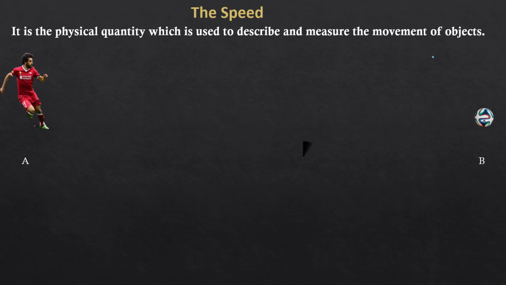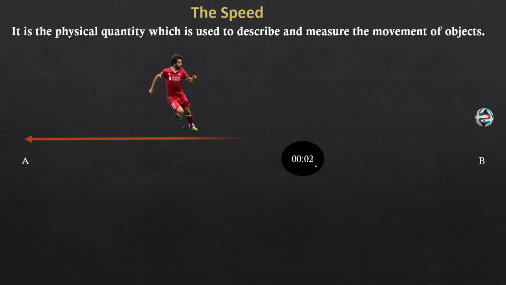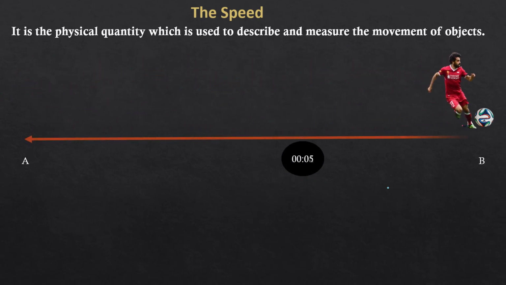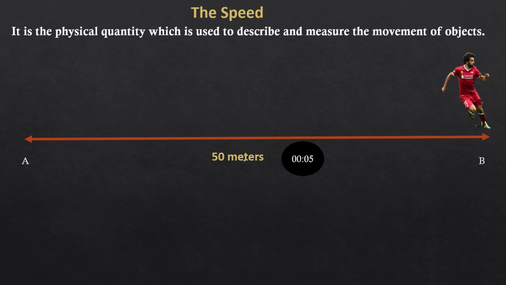Let's measure it. Look at here, we have a stopwatch here, yes, for 5 seconds and 50 meters. So the distance here is 50 meters and the stopwatch reads 5 seconds. If we want to calculate his speed, we have to know this important mathematical relation.